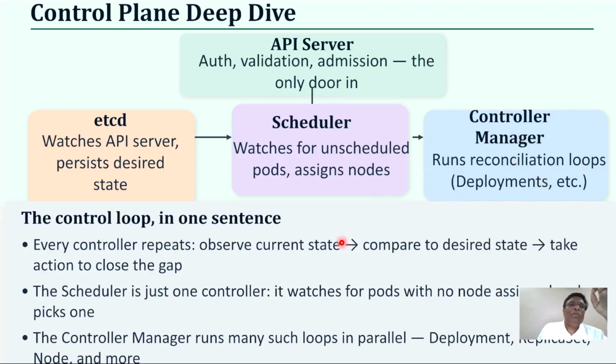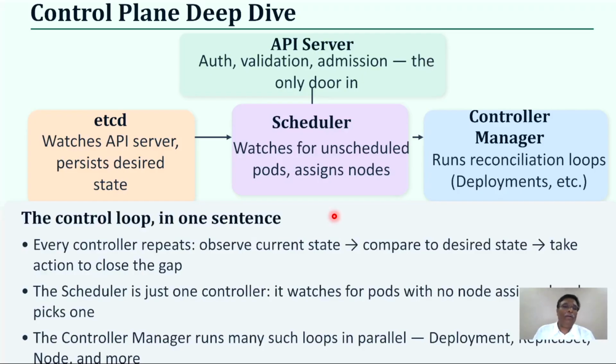So the control loop, in one sentence, is that every controller repeats: observes the current state, compares it to the desired state, takes the action to close the gap. So scheduler is just one controller. It watches for pods with no node assigned and picks one. That basically means if there is a pod with no node assigned, it's going to assign a node for that pod.